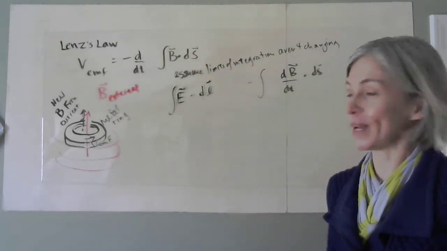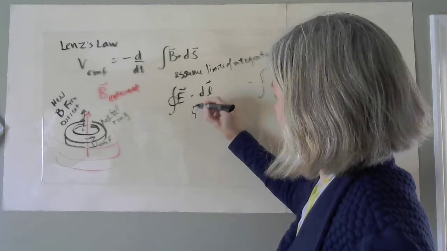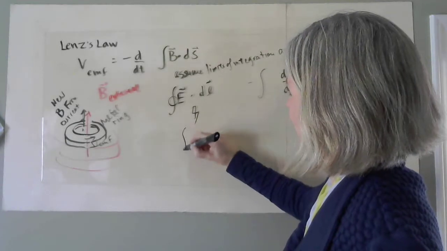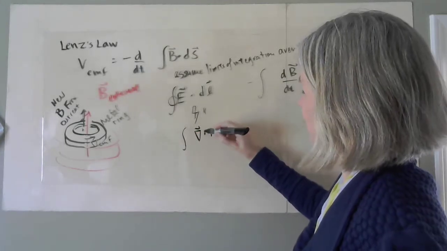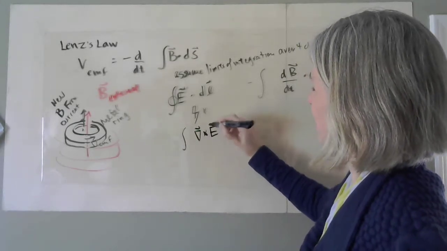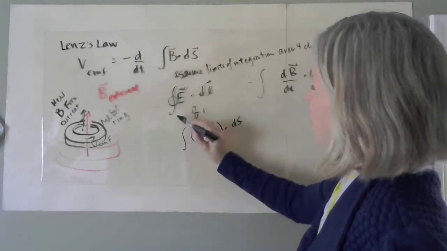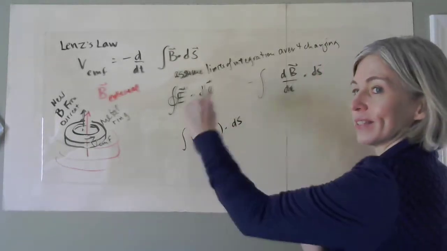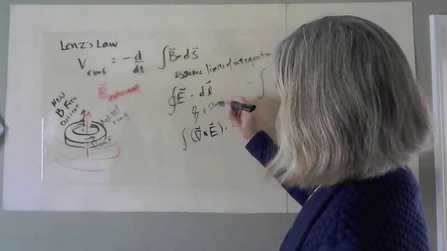If we've got a closed path, we can equate it to the curl of E, curl of E dotted with dS over that same, and this surface is bounded by this path. That's the connection, Stokes' theorem.